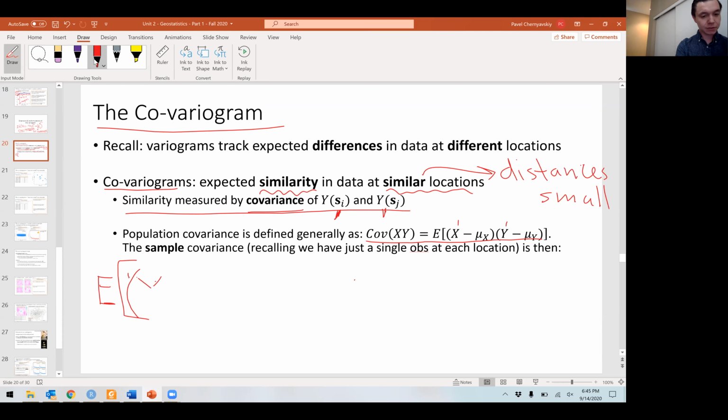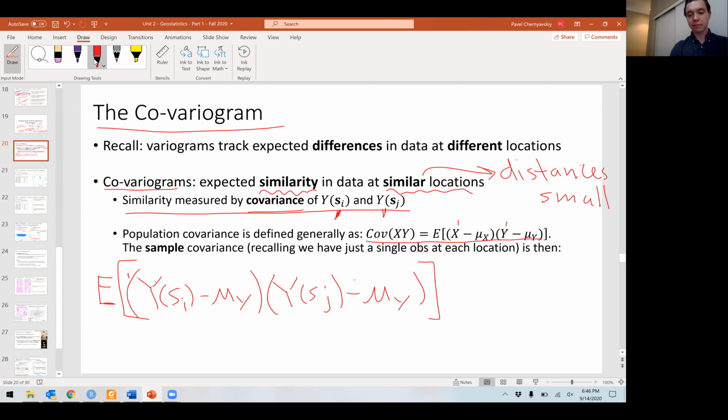And I just keep struggling with my stylus, but I'll be trying my best to stay calm. All right, so I just mapped the variable measured at the ith location, the variable measured at the jth location. Notice that the mean is the same because it's just the overall mean of your observed data, regardless of location.